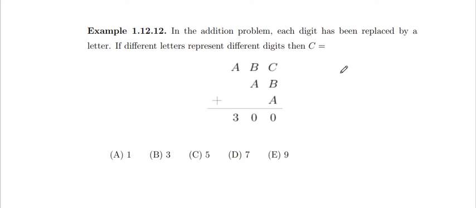Okay. So let's check this problem. In the addition problem, what is the number of C? So here's the addition. Let's add them up. So we say this A should be 3, right? A should be 3, and A is 3. So what is B? We don't know.